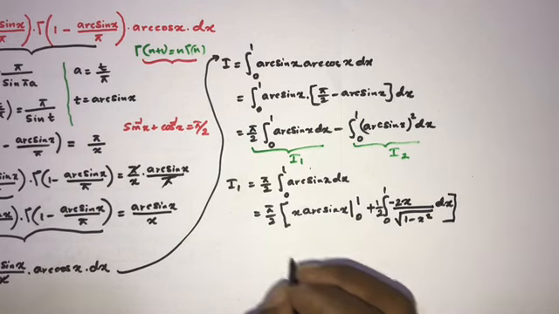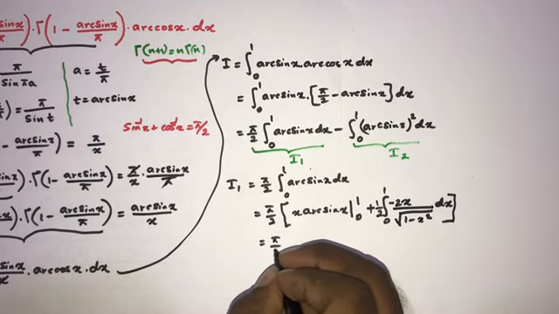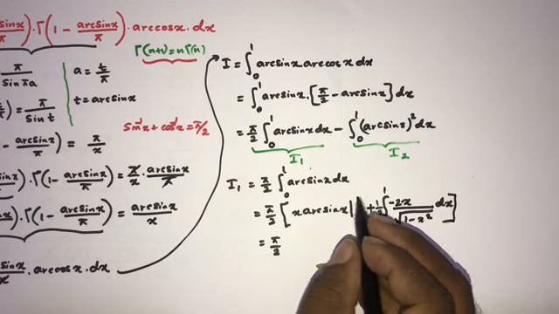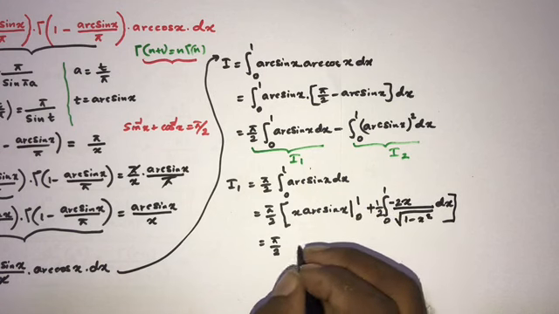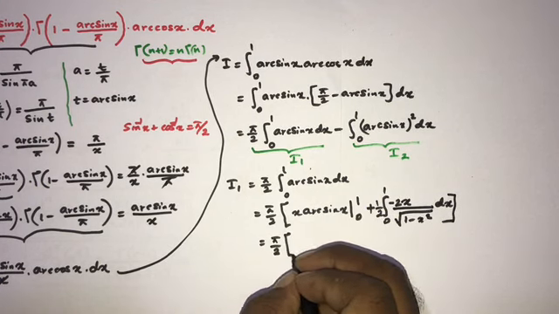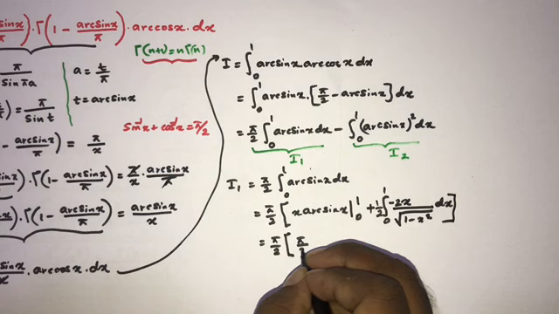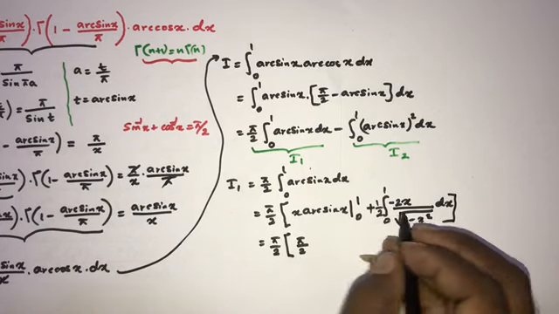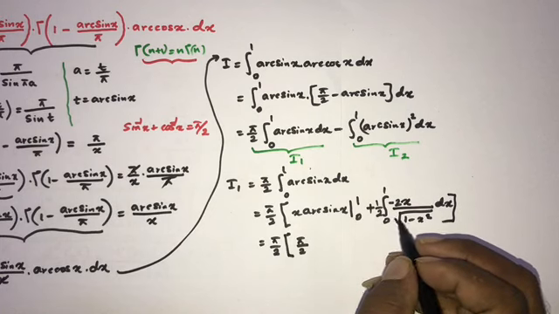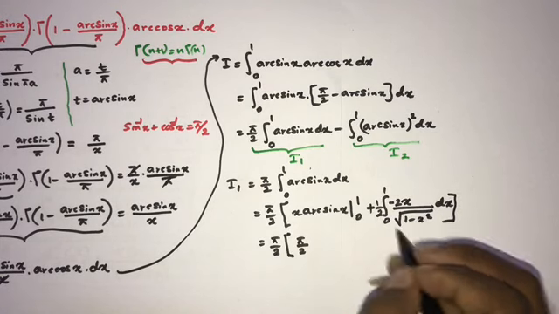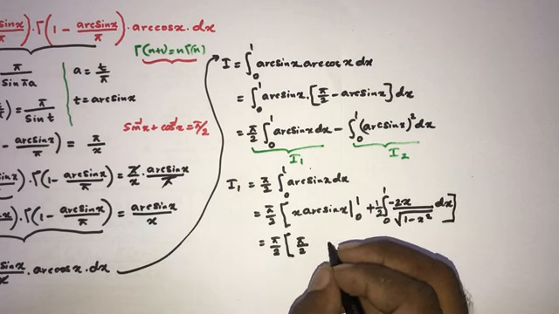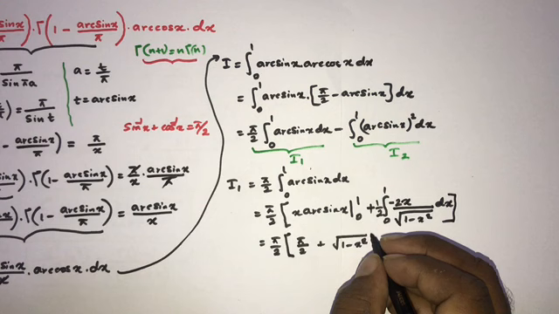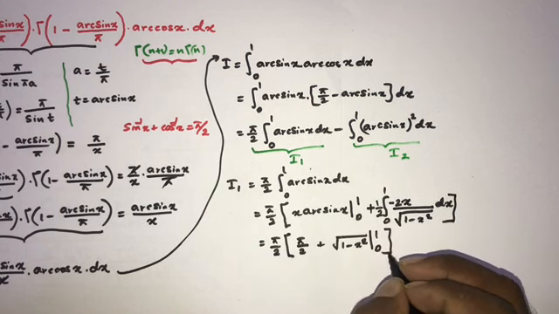Okay, then we can simplify. Here pi over 2, and if we plug in the upper and lower boundaries, we have pi over 2 times arcsine of 1, which is pi over 2. Now this integral is very famous, and we know it is equal to the square root of 1 minus x square from 0 to 1.